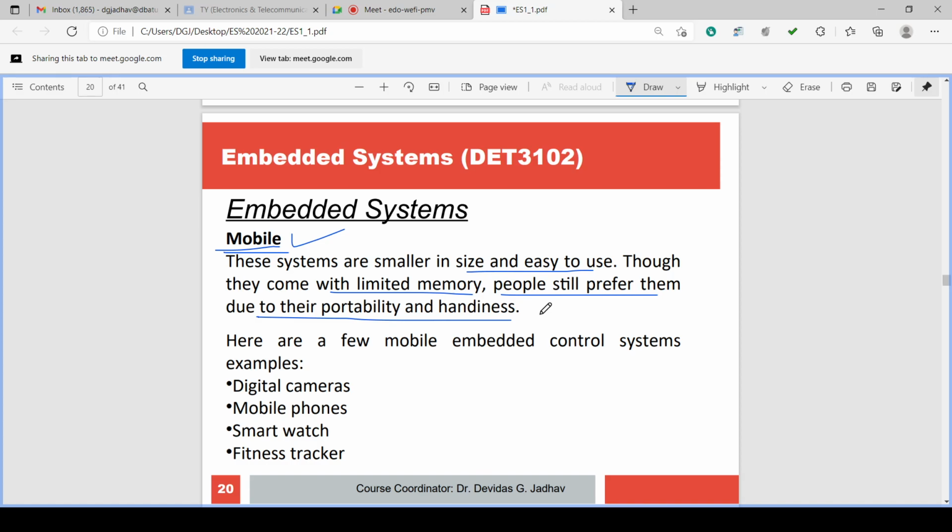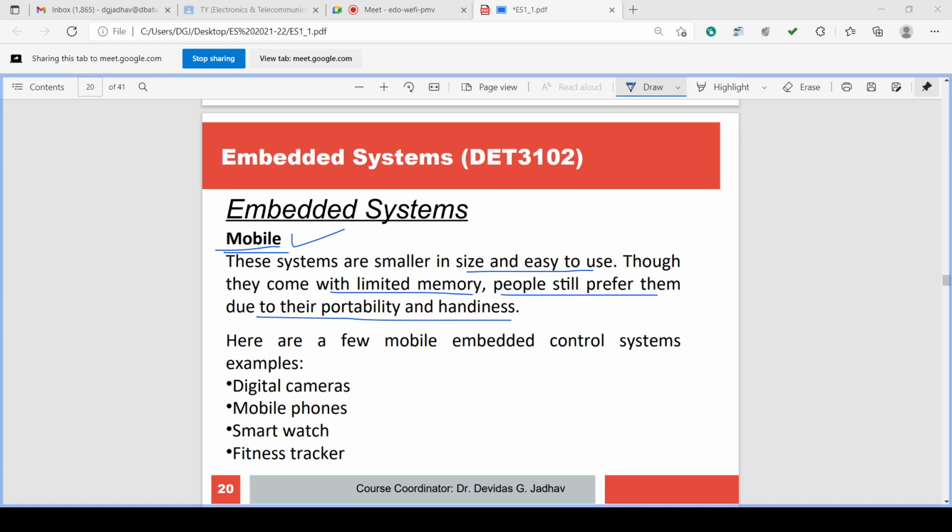Portability is there, we can port them anywhere, and their handiness is there. That's why people prefer them. And here are some of the mobile embedded control system examples. What are those?